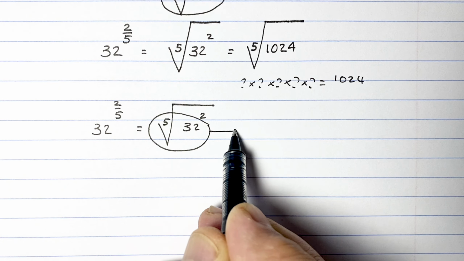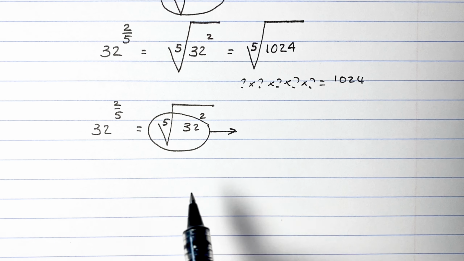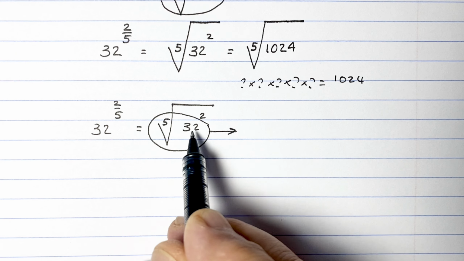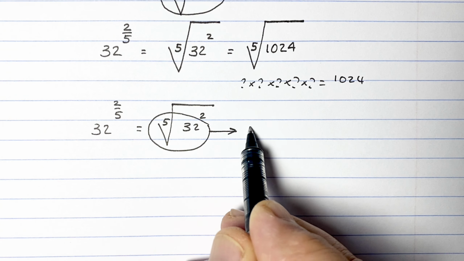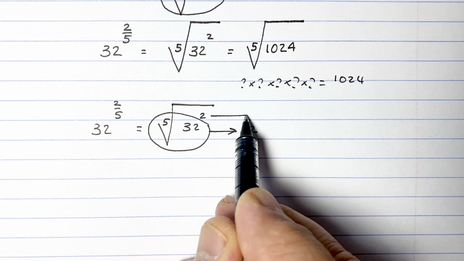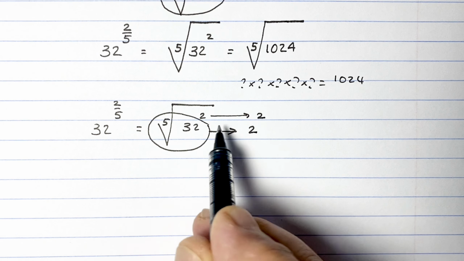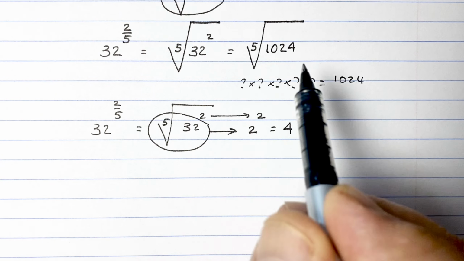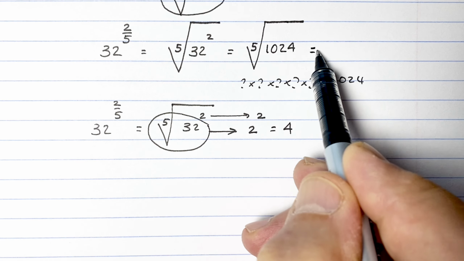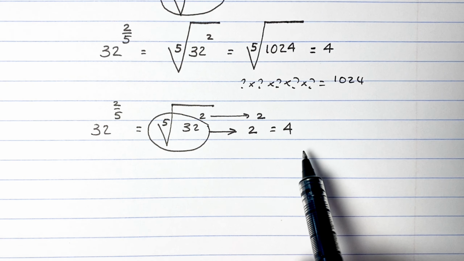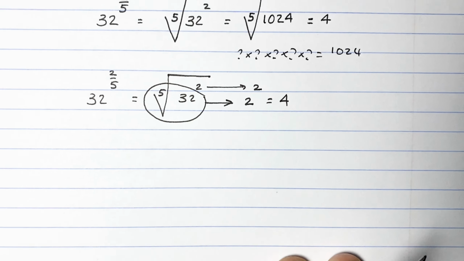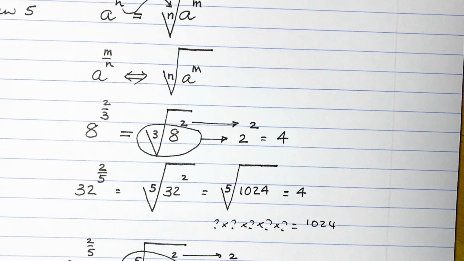We know the 5th root of 32 must be 2, because 2 times 2 times 2 times 2 times 2 is 32. So the 5th root of 32 is 2. And then you make these 2 reach that power. The answer is 4. The 5th root of 1024 is 4. So this was law number 5.